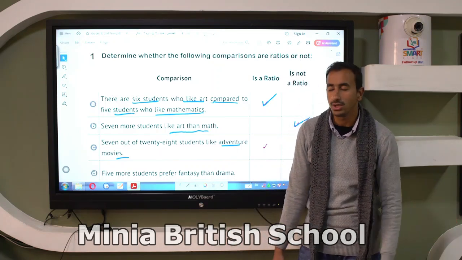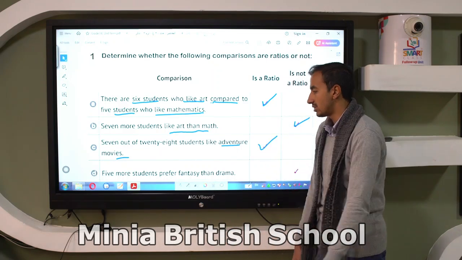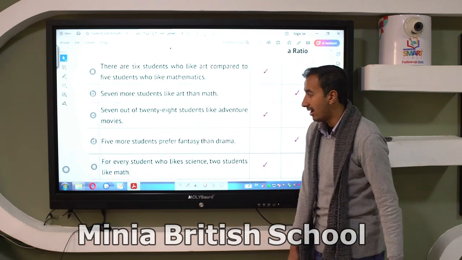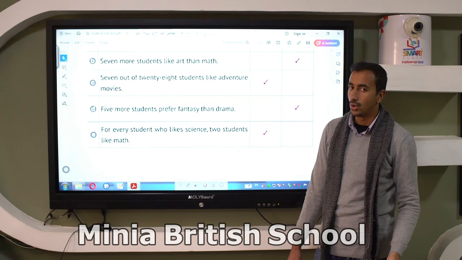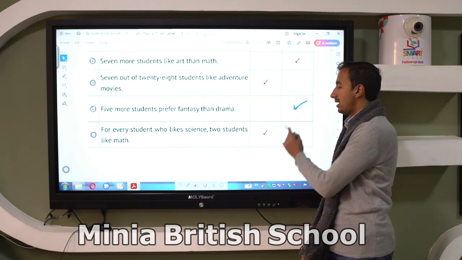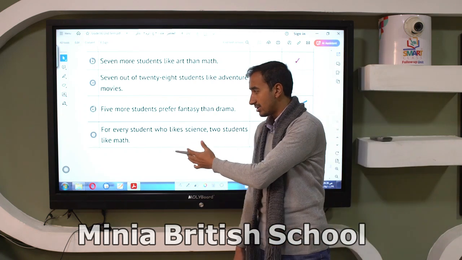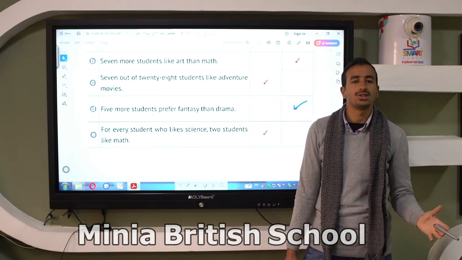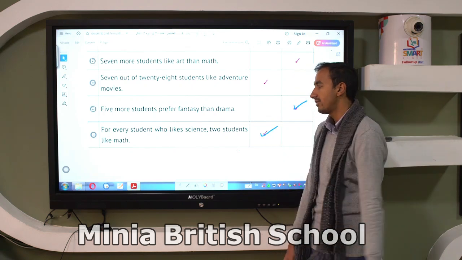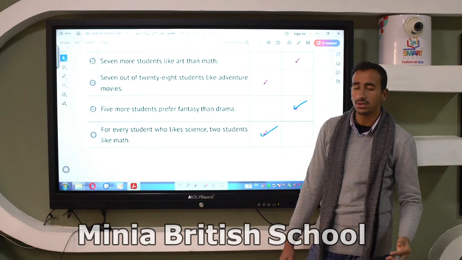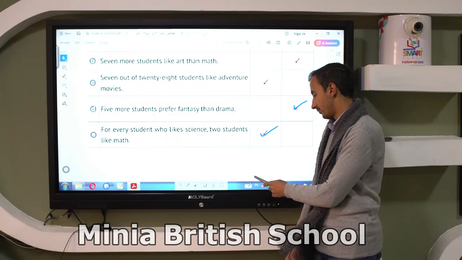We have compared between two items, so it's a ratio. Letter D, 5 more students prefer fantasy than drama. No, it's not a ratio. Here, for every student who likes science, 2 students like math. It's certainly a ratio.